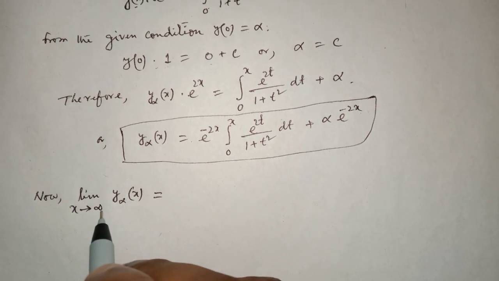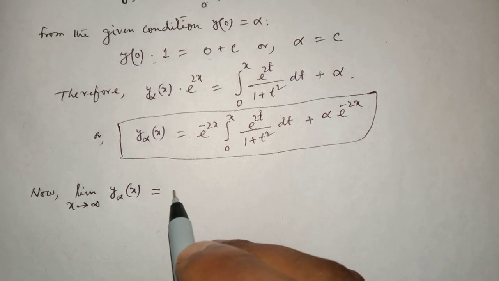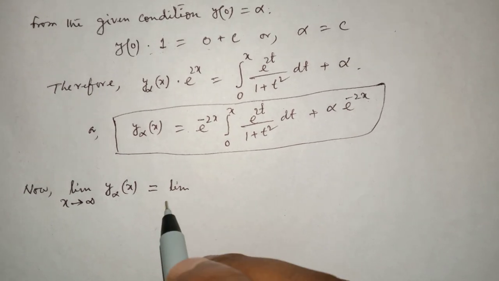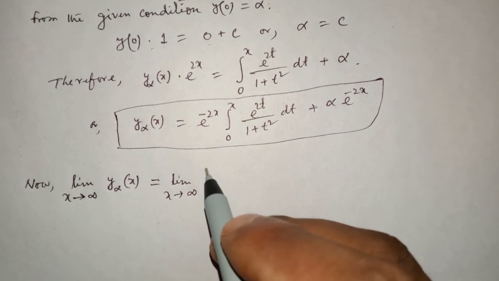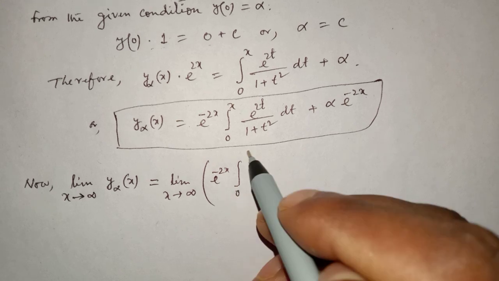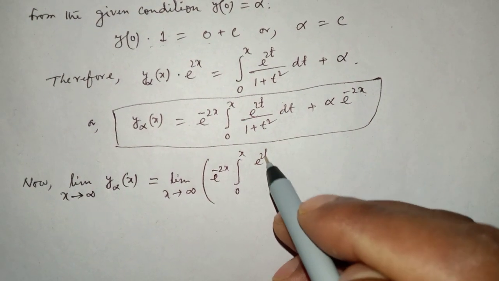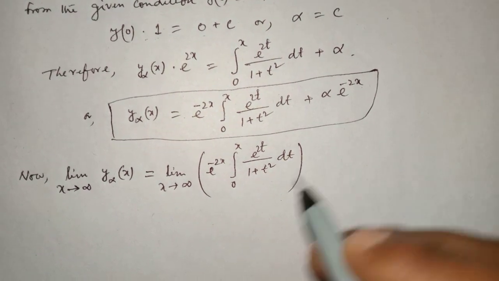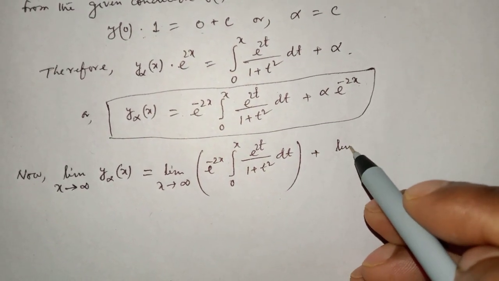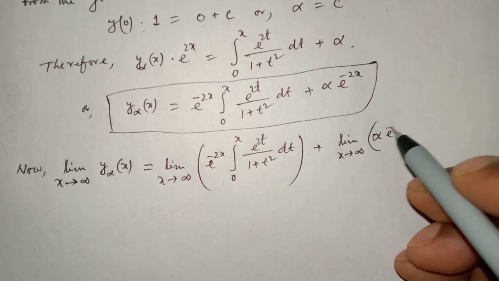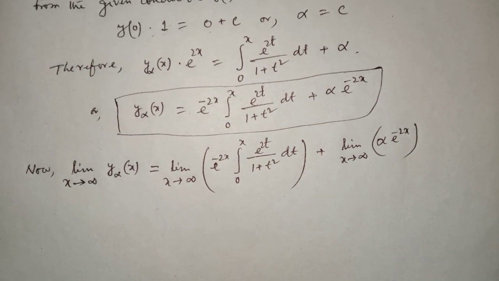So limit x tends to infinity, y alpha x is equal to limit x tends to infinity e to the power minus 2x integral from 0 to x of e to the power 2t by 1 plus t square dt, plus limit x tends to infinity alpha e to the power minus 2x.